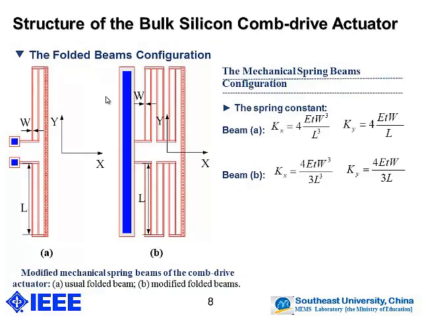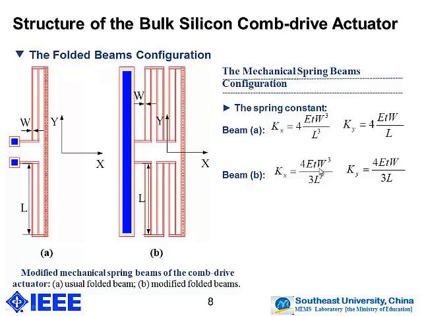Then it is the folded beam structure. In figure A is a usual folded beam, and in figure B is a modified folded beam. The spring constant of the folded beam is shown here and here.